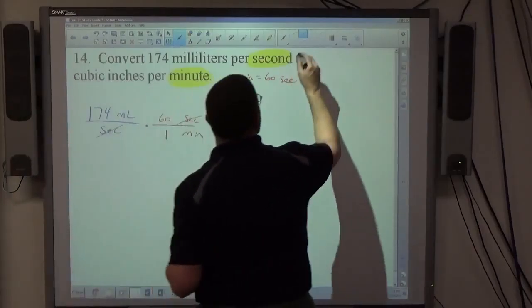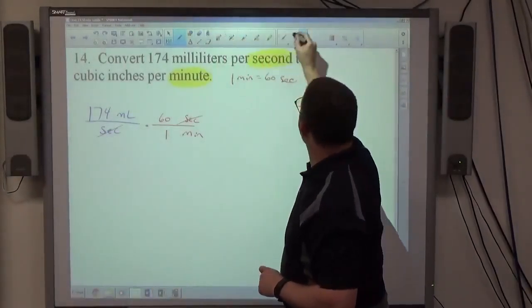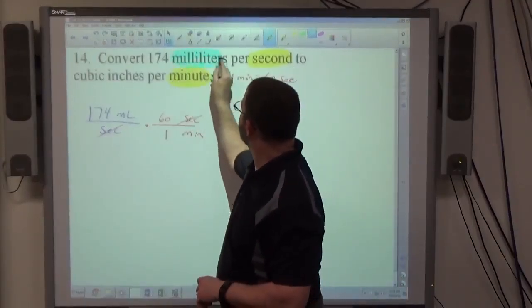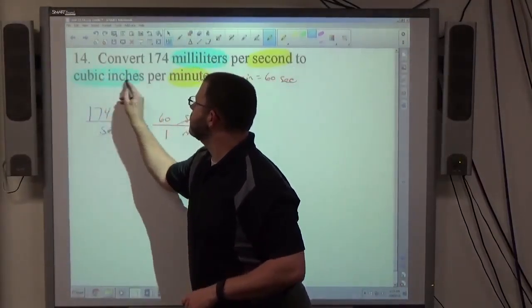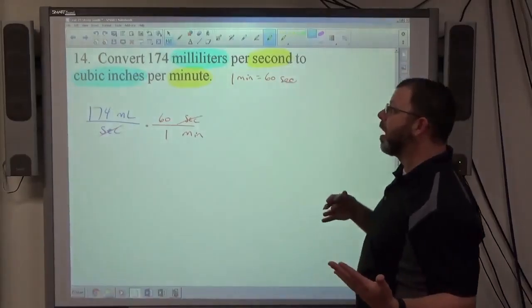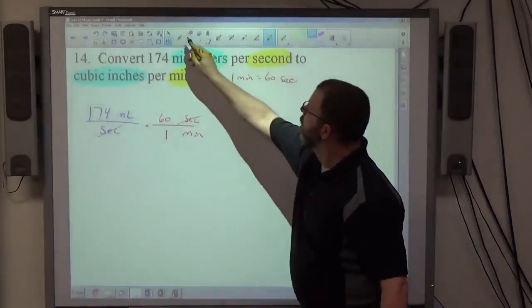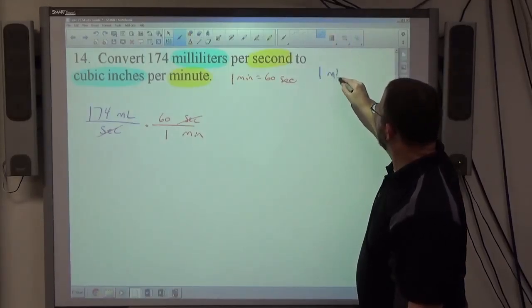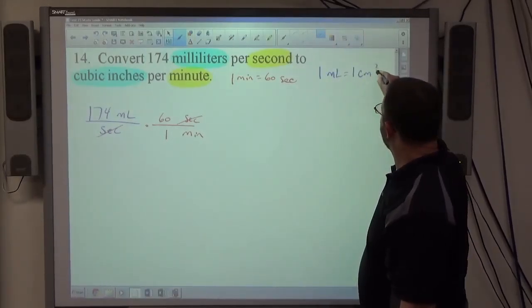My next task is to convert from milliliters into cubic inches. And this one we have to be a little more cautious with. What I know about milliliters is that 1 milliliter is the same as 1 cubic centimeter.